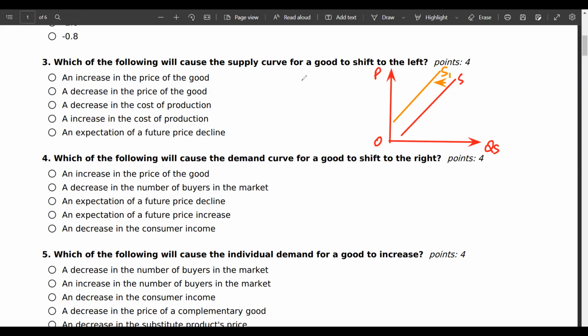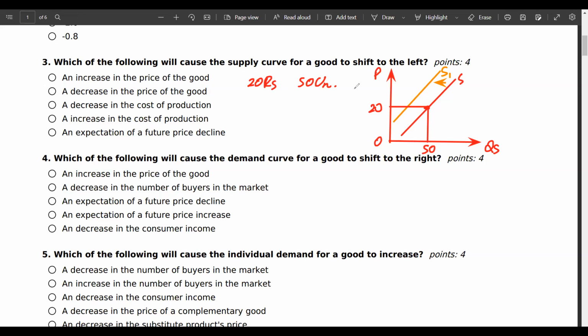And what could have possibly caused this? Remember, if a supply curve is shifting to the left, let's say initially this was the price of the product, at that time a certain quantity was supplied. Let's say when the price was 20, earlier around 50 units were supplied. At the 20 rupee price point earlier, 50 units were supplied.